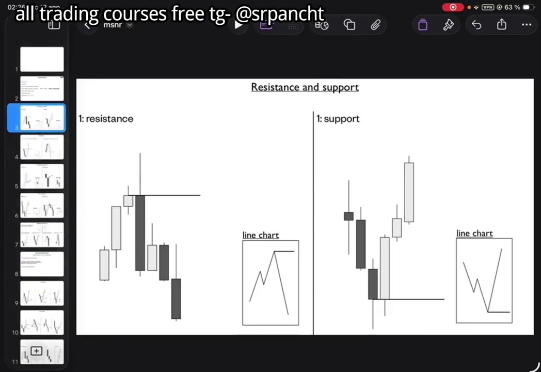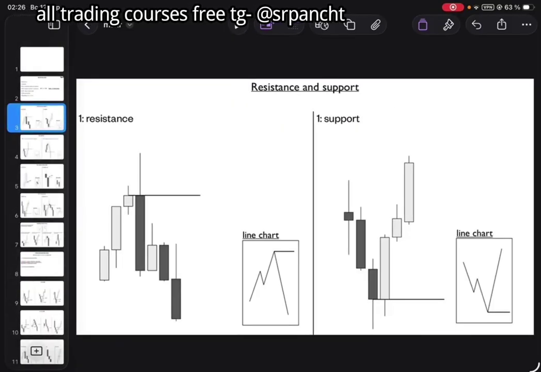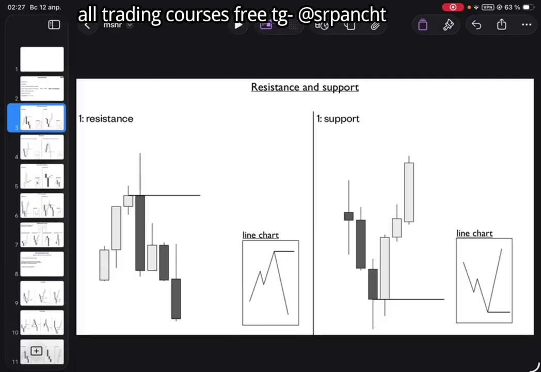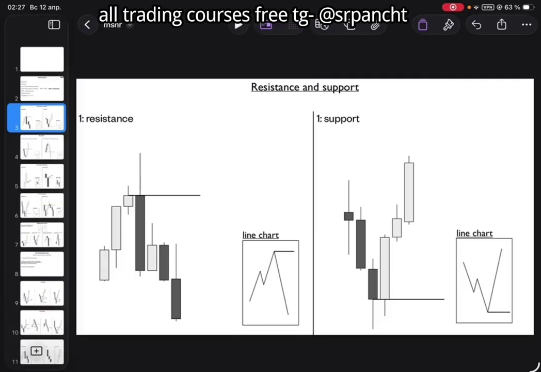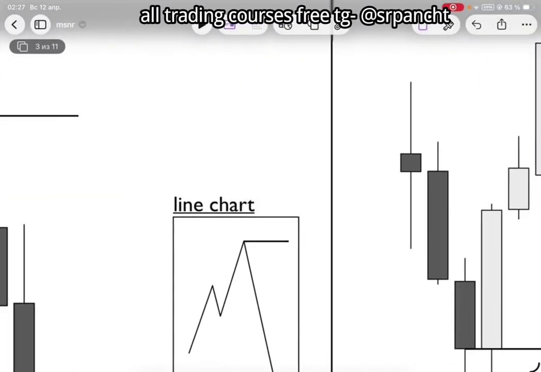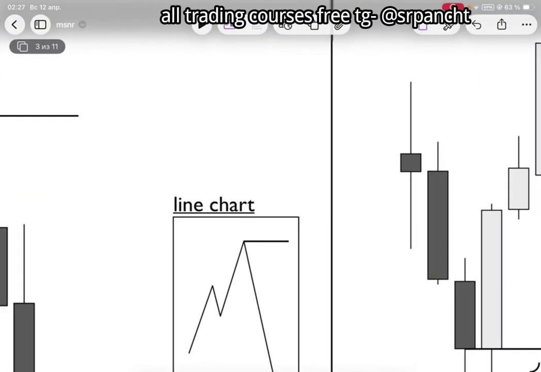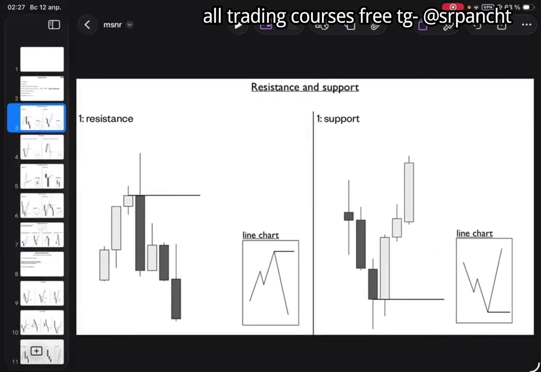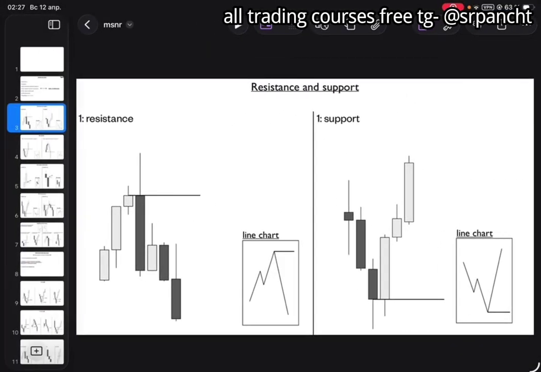Okay, first of all, if we are going to talk about resistance and support, its appearance on the line chart, you can also understand it as a classic V. I think all traders probably know about resistance and support zones, but they don't know how to use them.